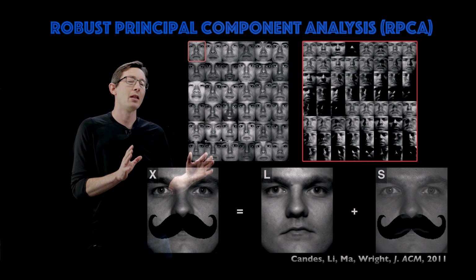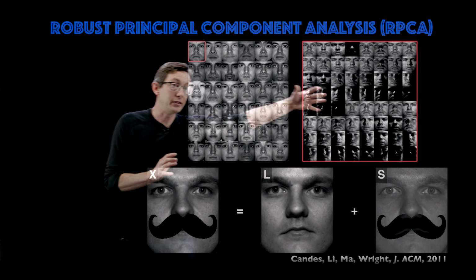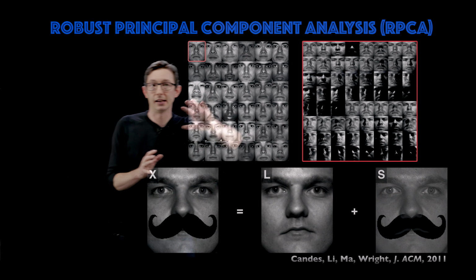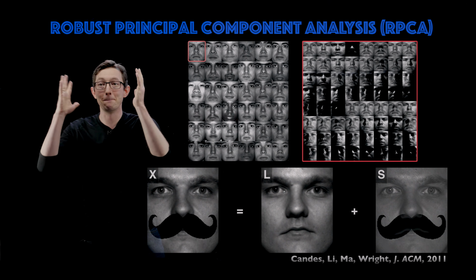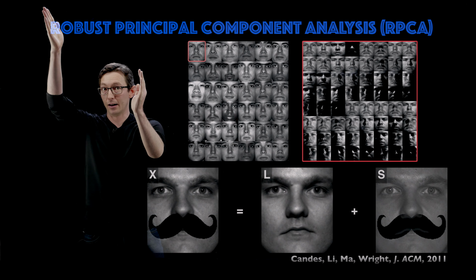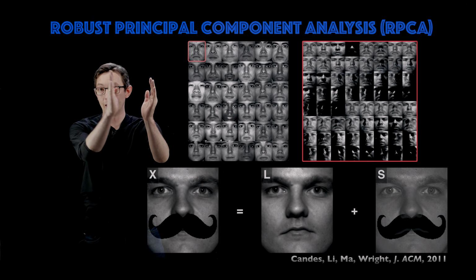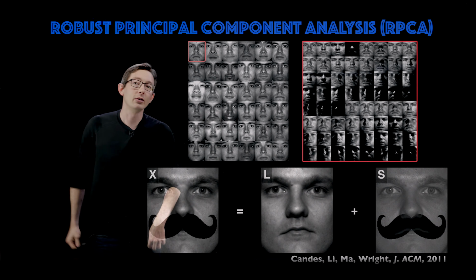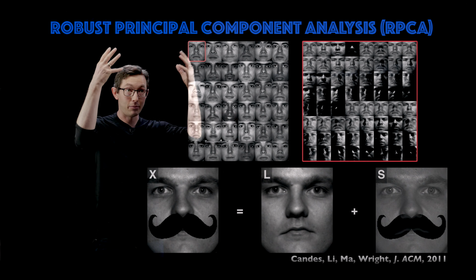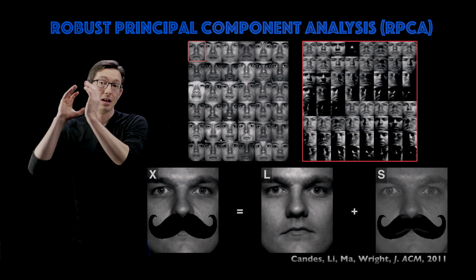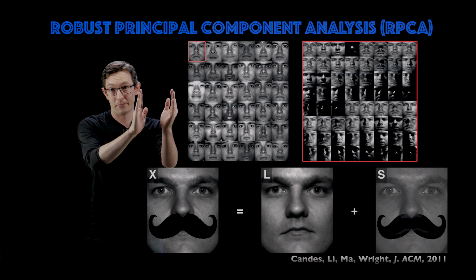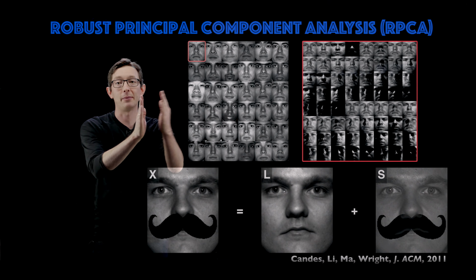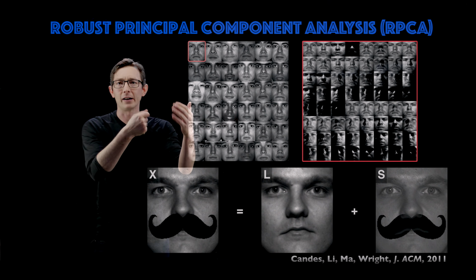Okay, so the basic idea is that you would take all of these faces, 64 times 36, you would reshape each of them into a really tall, skinny vector. So now you have this massive, massive matrix, number of pixels by number of images. And what we're going to do is this robust principal component analysis to split that big data matrix into a low rank matrix, a matrix that is well described with principal components with low variability.